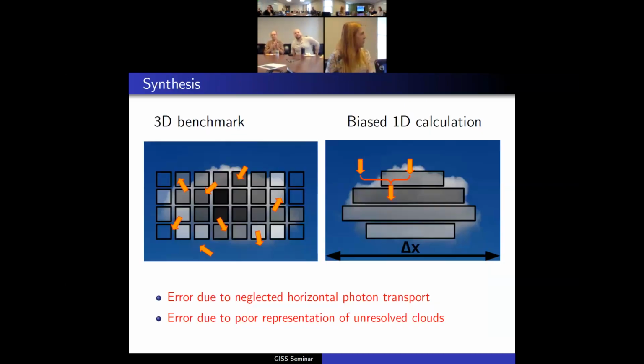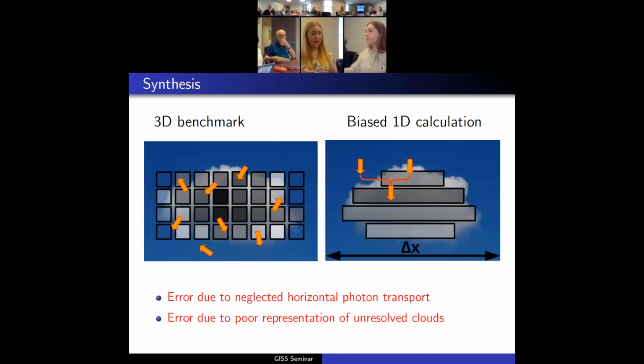So when we compare this 1D calculation with the same benchmark as before, we see that we now have another problem. In addition to the error stemming from neglected horizontal photon transport, we get another error source which stems from poor representation of unresolved clouds.